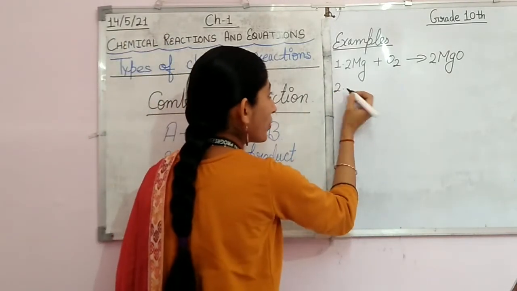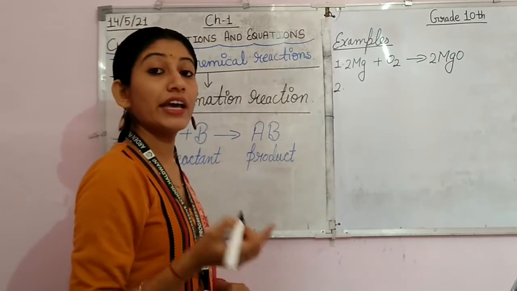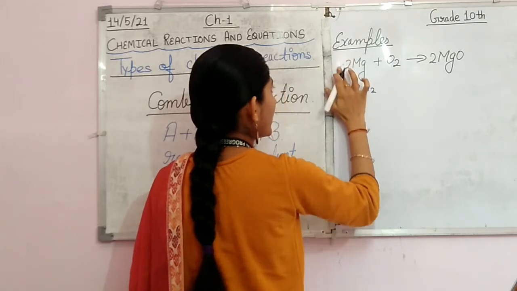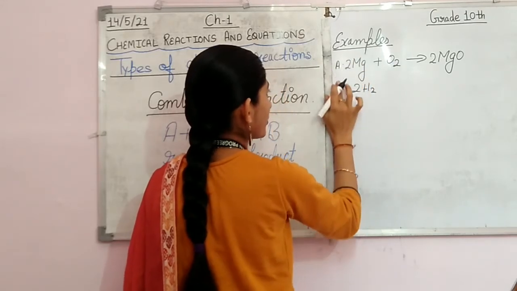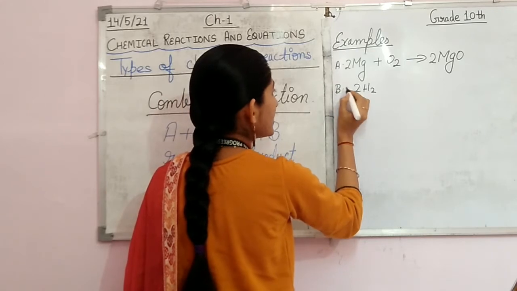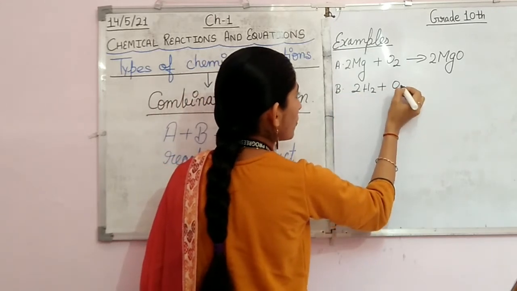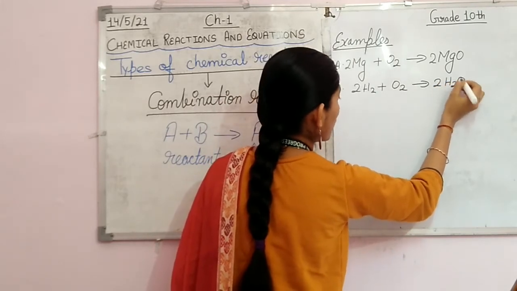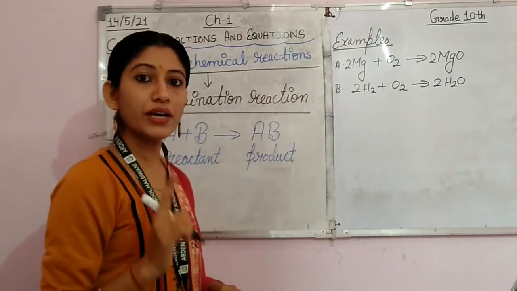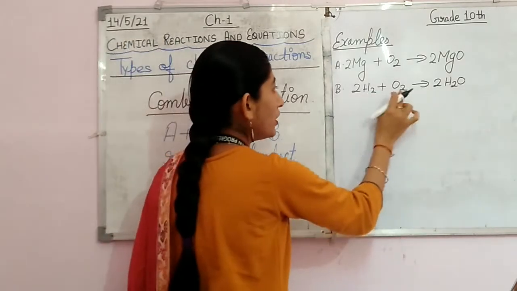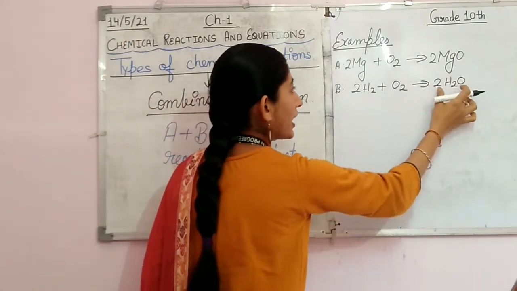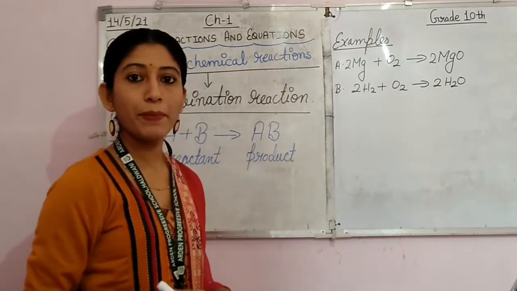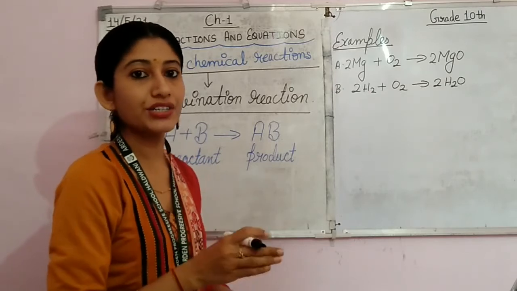Similarly, we have another example with water. Here I am writing AB, otherwise it will become confusing. So 2H2 plus O2 changes into 2H2O. Again you can see that we have taken two reactants and we are getting one single product, so this is also an example of a combination reaction.